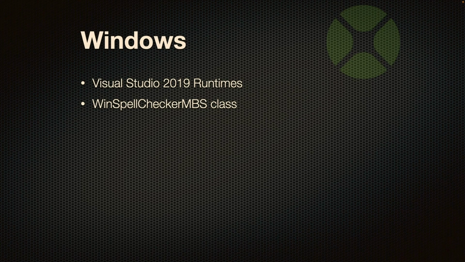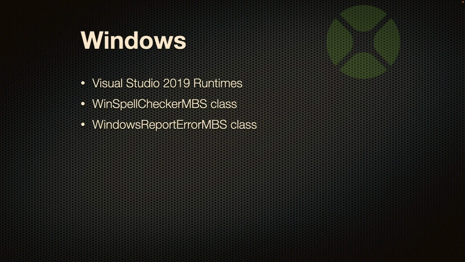But on Windows, you can now use a system spell checker to look up if a word is correct. We also got a class to report errors for the error database on Windows. So if you have a Windows server, you probably know that it has an error log there for all your events happening on the server. And you can add your own entry there with our error reporting class.